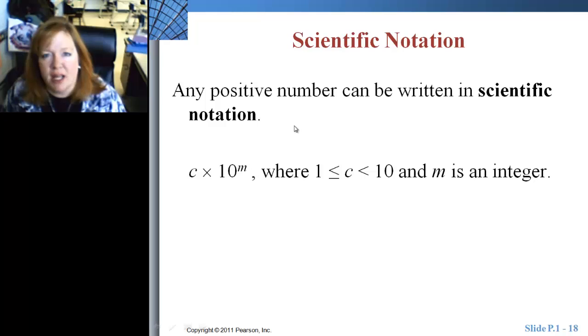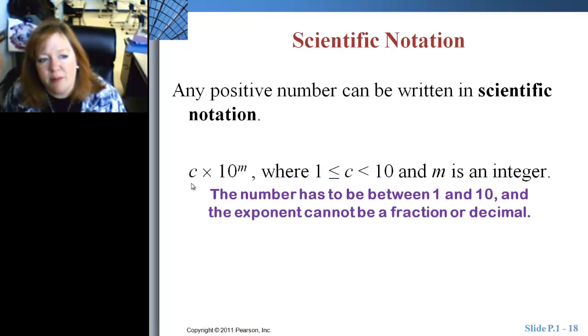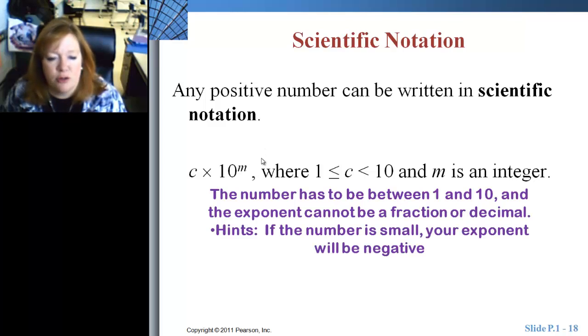Scientific notation. Oh yeah, this is something that you should dig. The only two things you have to worry about with scientific notation is this number right here has to be between 1 and 10. They like to put that on standardized tests where that number is not between 1 and 10, so it's not officially in scientific notation. Also, m has to be an integer. It can be positive or negative, but it has to be an integer, no fractions.